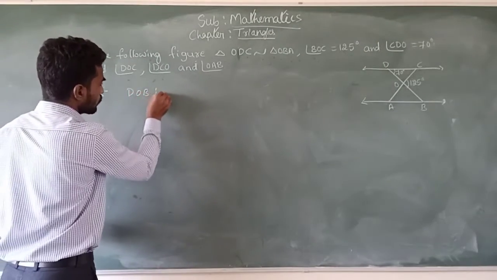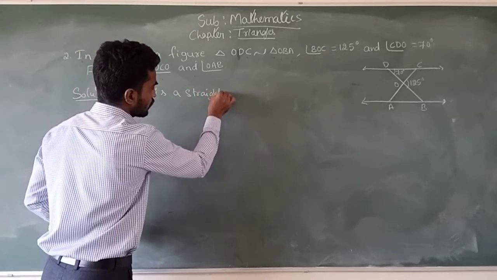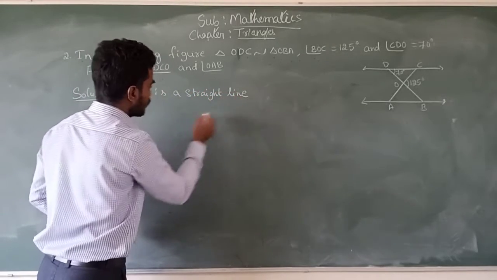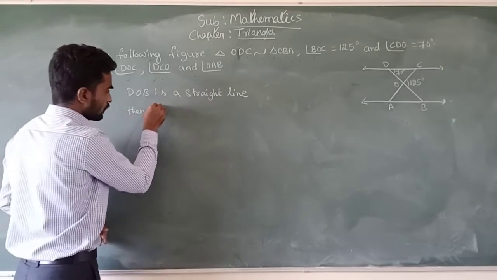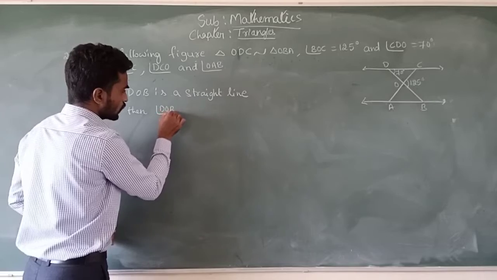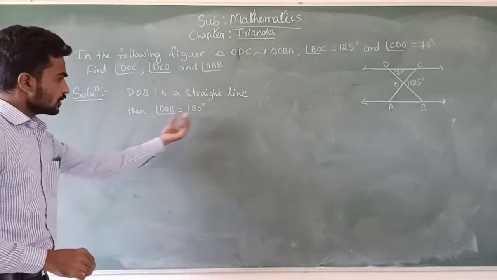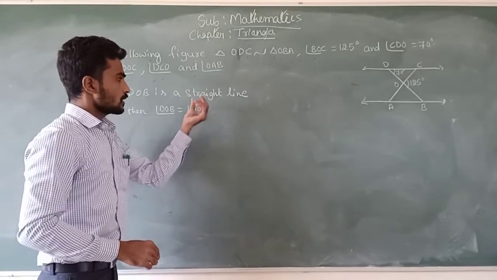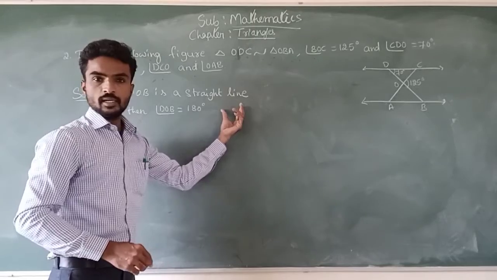DOB is a straight line. Then DOB is equal to 180 degree, because a straight line is measured 180 degree.